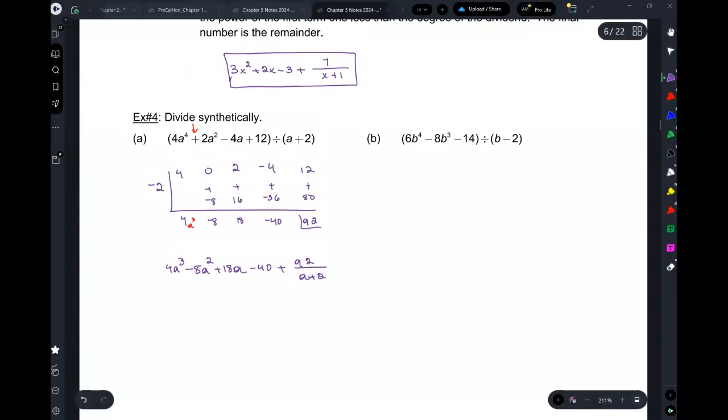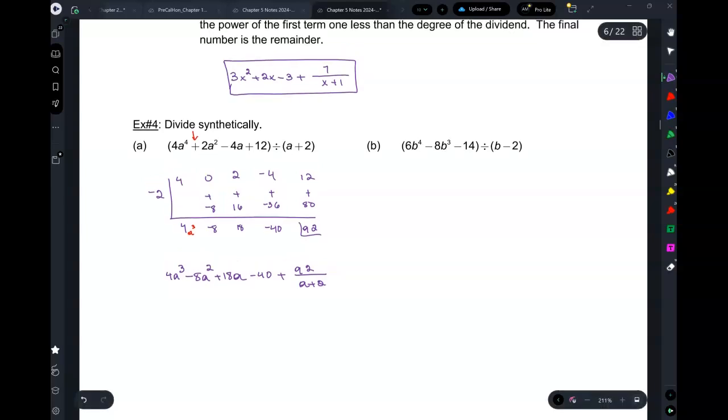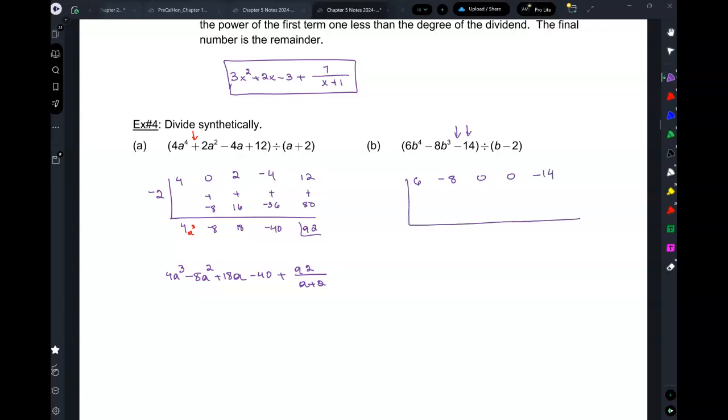Okay. Here. Okay, b to the 4, 3, we're missing the 2. So, 6, negative 8, 0. Oh, we're also missing the 1. Another 0, negative 14. You see that? And then 2 goes out here.